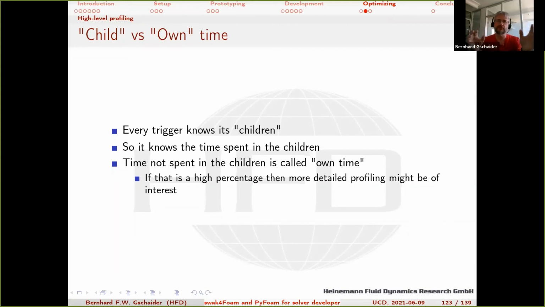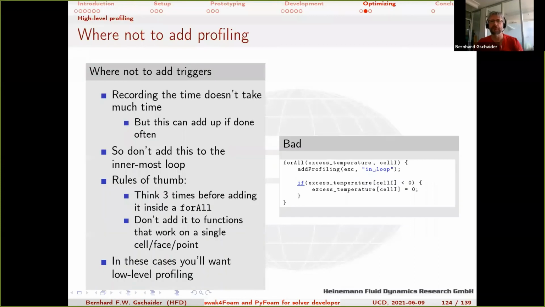If you have interesting sections of code that have a high fraction of own time, then it might be of interest to subdivide them. But if you have not, then basically no time is used in that section, and you don't have to profile it.